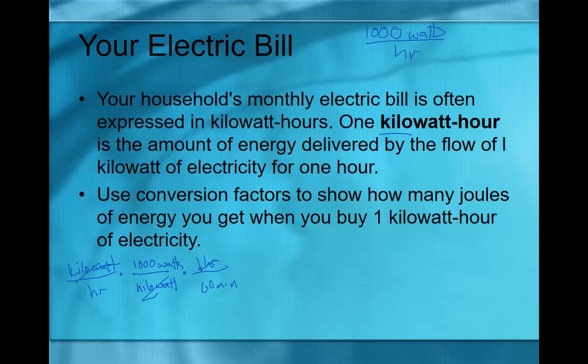Hours cancel. 1 minute is 60 seconds. Minutes cancel, which gives us a unit of 1,000 watts per 3,600 seconds.